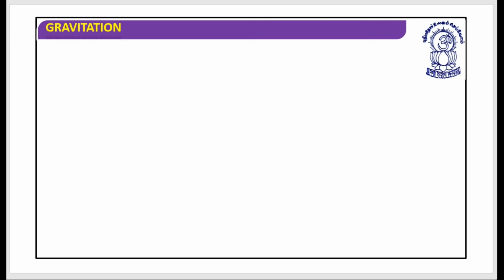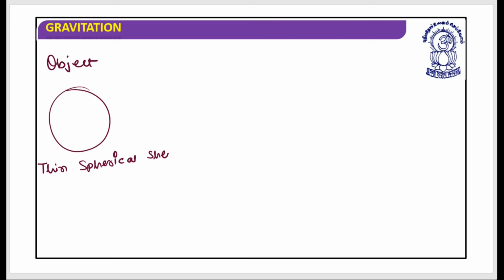So let's summarize this. Let's suppose this is the object, a thin spherical shell or hollow sphere, with mass m and radius r.